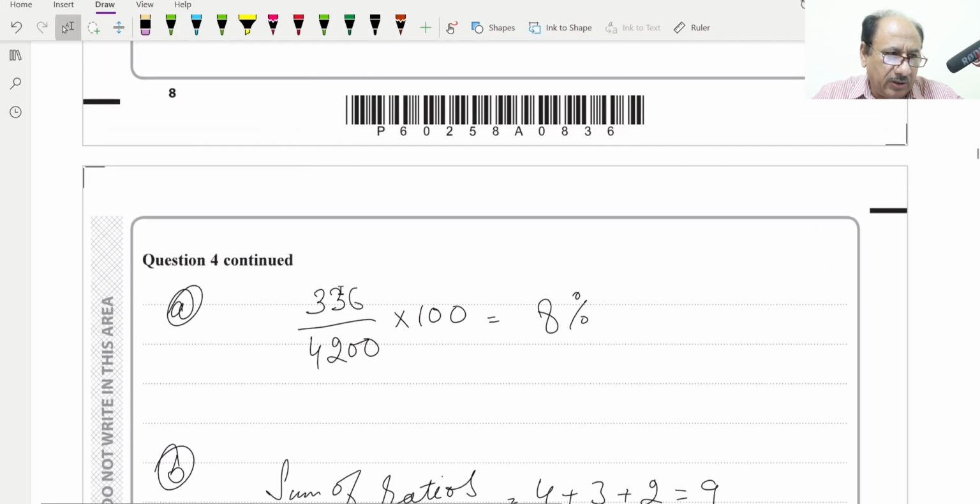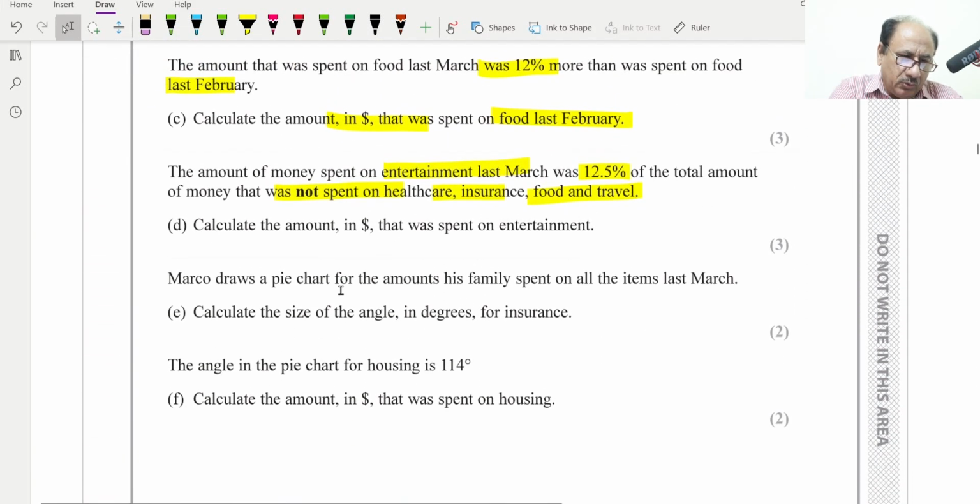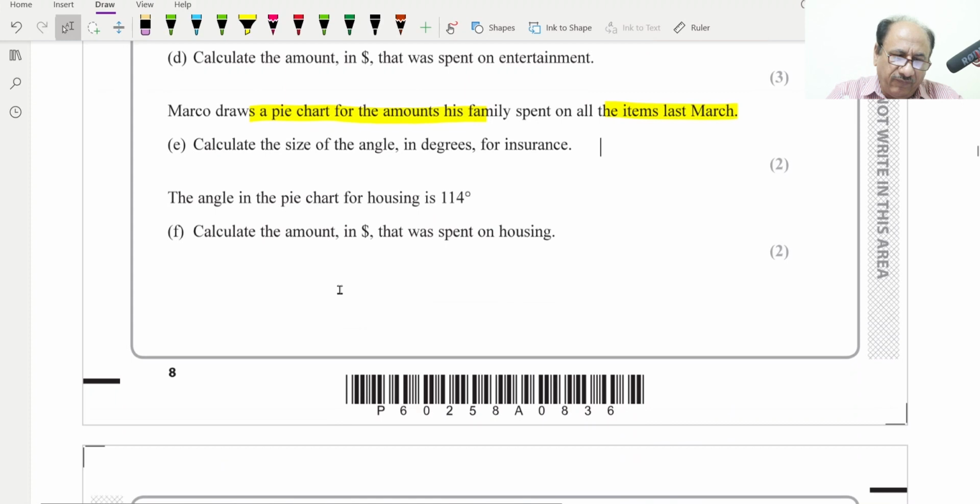And for E part, Marco draws a pie chart for the amounts his family spent on all the items last March. Calculate the size of angle in degrees for insurance.